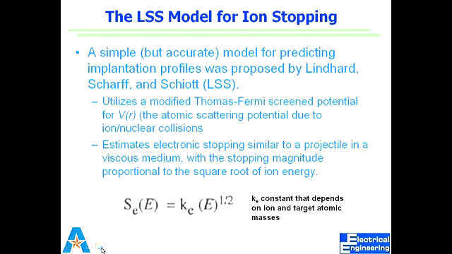And it treats it like a projectile in a viscous medium and defines how far it will go before it comes to a stop, right? You can ignore this, but the idea is that it's just the atomic scattering potential due to their collisions.